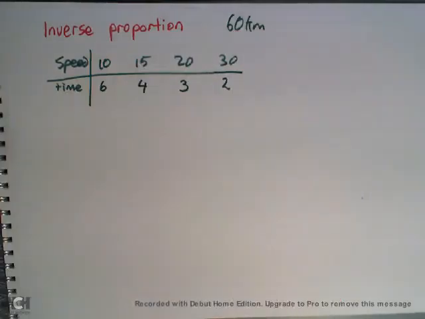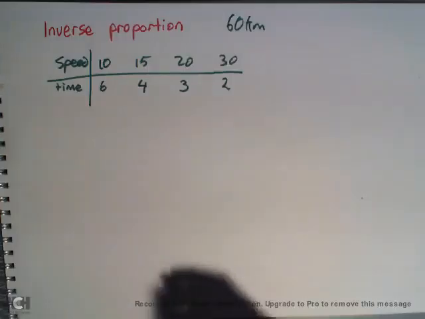So as the speed increases, the time will decrease. As the speed decreases, the time will increase. They are opposites of each other. So we can say the time is inversely proportional to the speed, or that the time varies inversely as the speed.